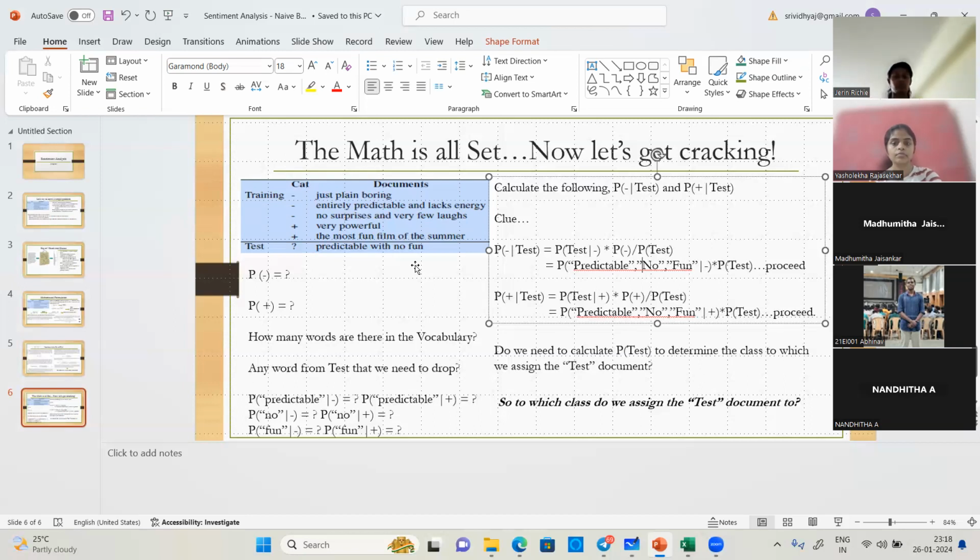Exactly. The word with doesn't even occur in the training document set, right? If it occurs in one of them, I can add that to the vocabulary, correct? And remember, using Laplace smoothing, I can make sure that I can push that word in both positive and negative training sets.